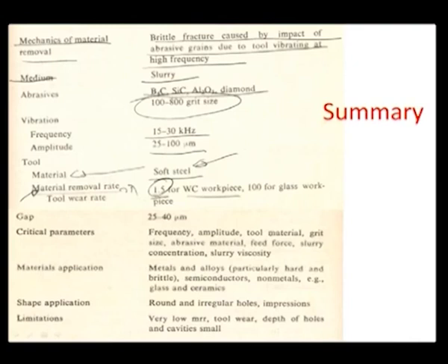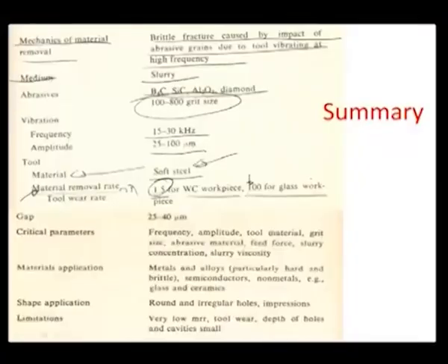That comes out to be about 1.5, and if the material is brittle, it goes as high as 100, which means that the more brittle the material is, the better it is for both the AJM as well as the USM process. AJM we have seen earlier. The gaps realized are about 25 to 40 microns between the tool and the workpiece, and some of the critical parameters of this process are, for example, frequency, amplitude, tool material, grit size, abrasive material, feed force, slurry concentration, viscosity, so on and so forth.